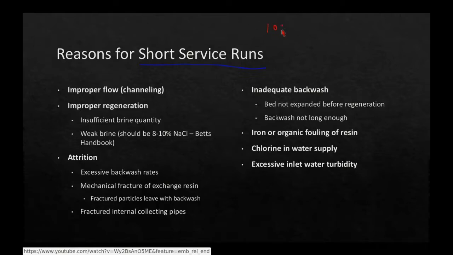So let's say we've got a 100,000 grain softener, and the water that we're treating is 200 grains per gallon.